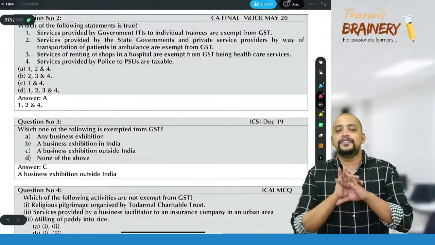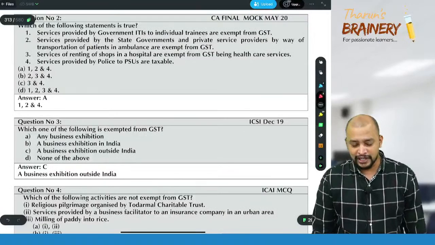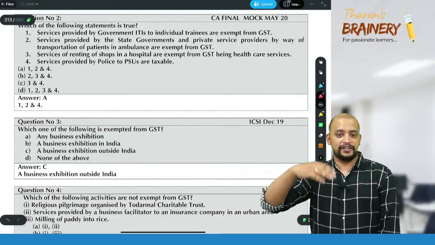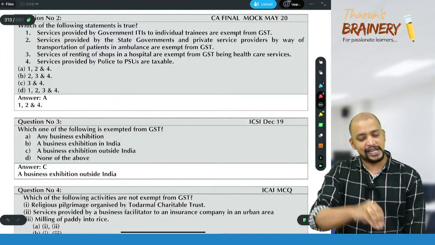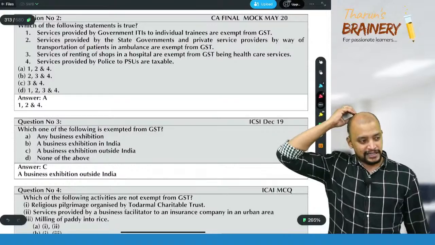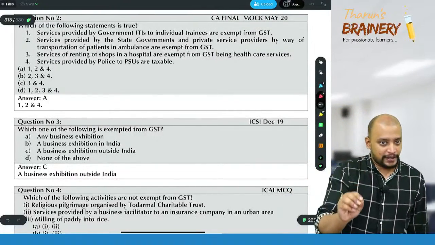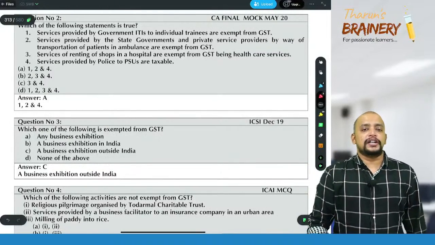Every Saturday, this 10 to 1 session, there will be solved workbook revision, and it will be carried forward. Even if I am not able to complete that topic on that Saturday, I will carry it forward. I am planning to complete the entire book, but definitely not by February.